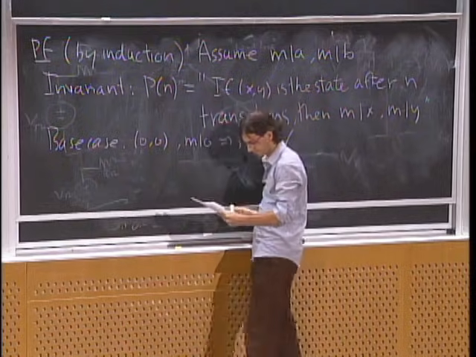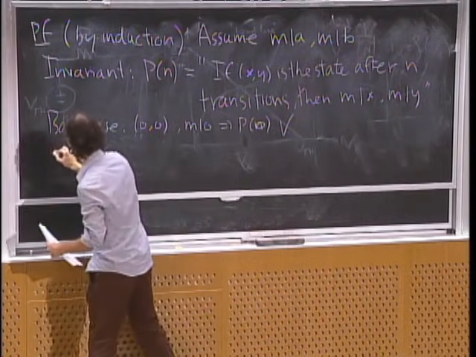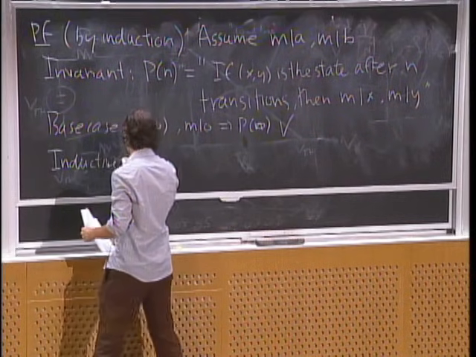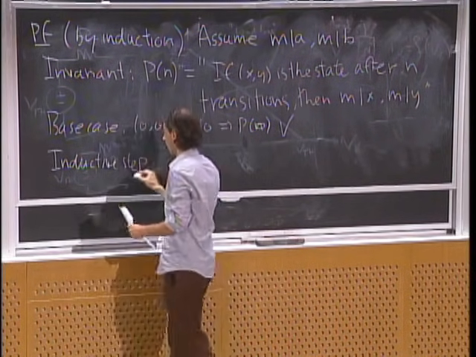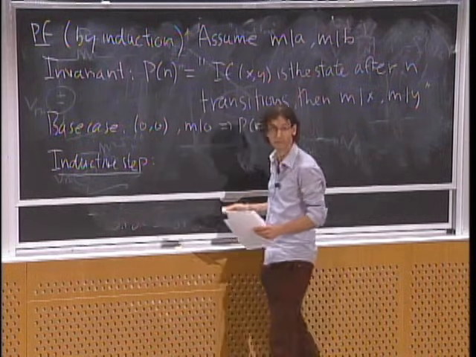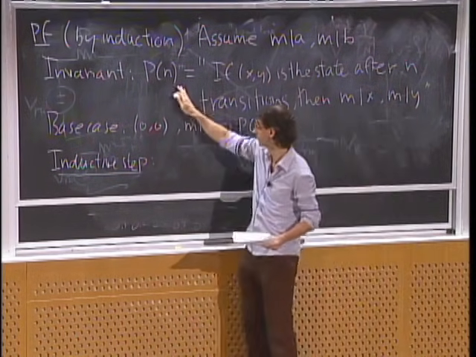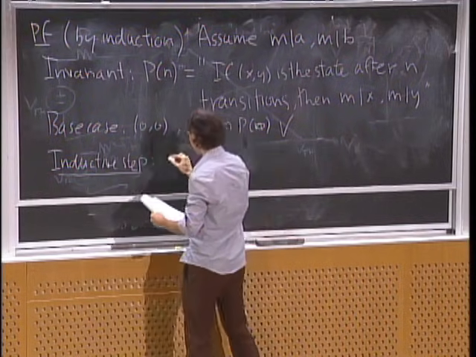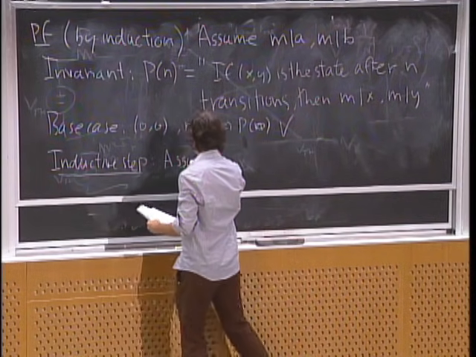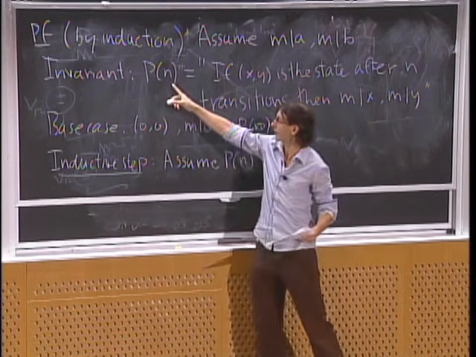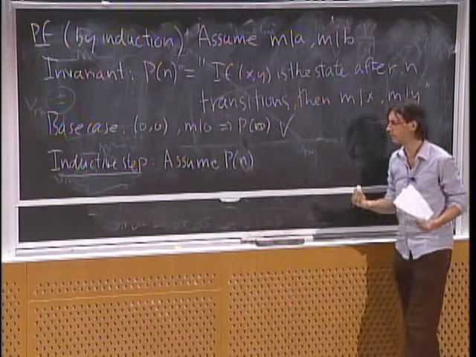So that's great. So the inductive step. How do we start the inductive step all the time? We will assume P of n, right? So let's assume that. And now we would like to prove P of n plus 1. So what do we really want to do?